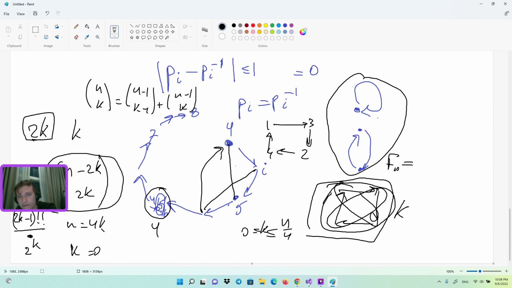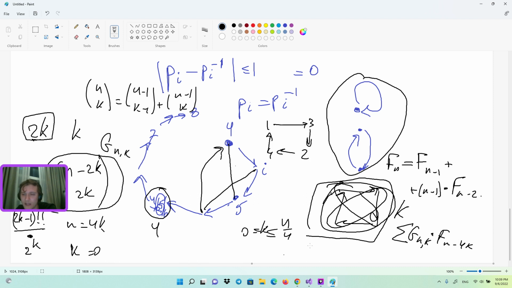It is either forming a cycle of length 1, or it is paired with some of n minus 1 other elements, and you have to find this. This is easily counted by induction with a simple cycle. And in the end, for example, if this number is g of n, k, then you just find the sum of g of n, k times f of n minus 4k, and sum from k equals 0 to n over 4.